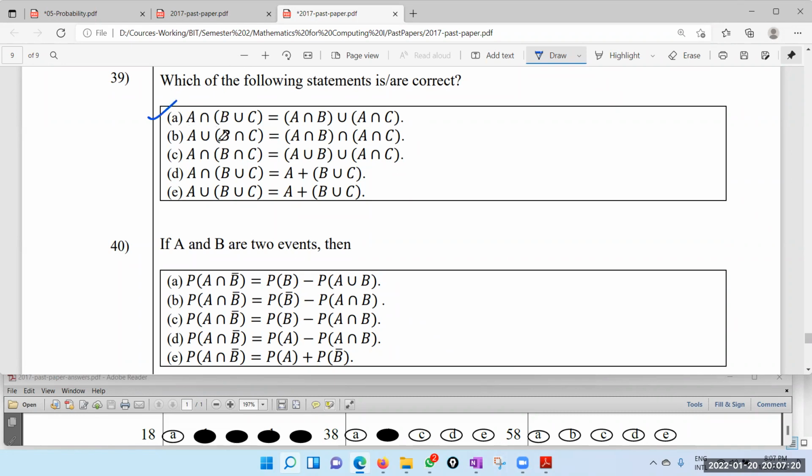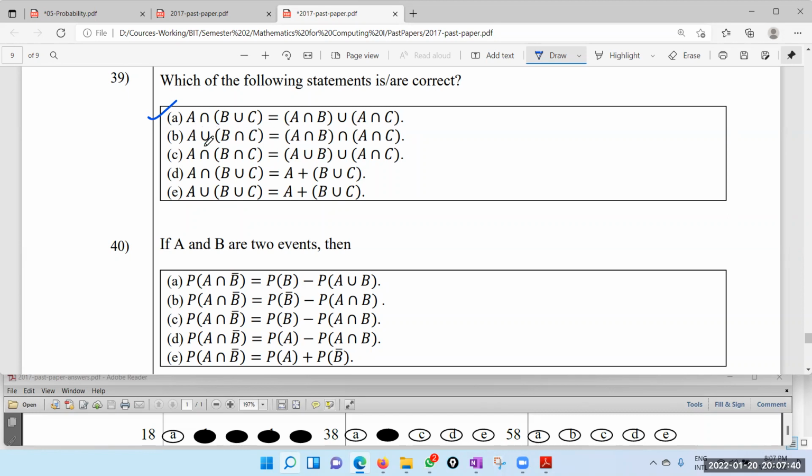Then A union B intersections. We did those rules, the distribution law. A union B intersection A union C. This is different. This should be A union B intersection A union C. This is different.